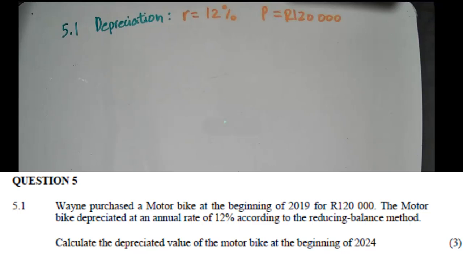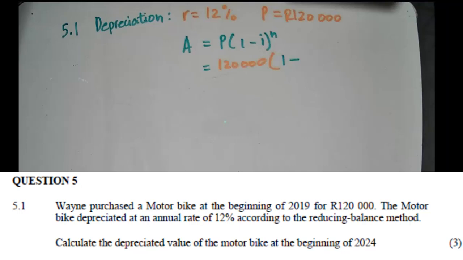This is how much the motorbike was bought for. Then we use the depreciation formula, which is A is equal to P 1 minus I. Normally compound interest formula is exactly the same, but with a plus in the center, not a minus. So just remember, depreciation is compound interest but with a negative in the center.